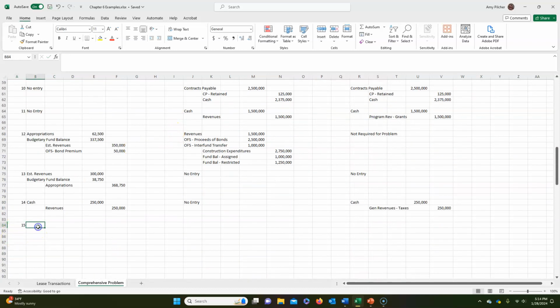So we have no entry in the debt service fund. And then we have encumbrances of $2 million. Construction expenditures. Encumbrances.